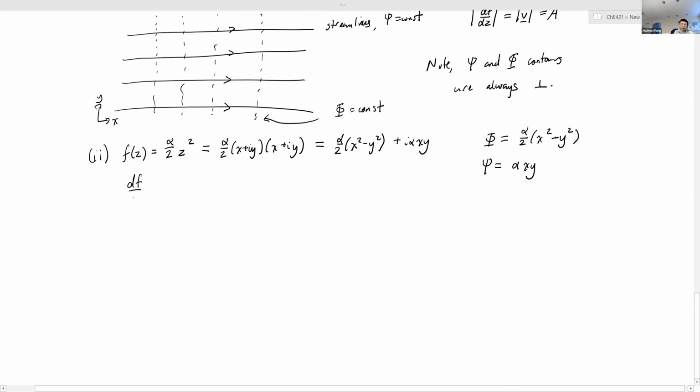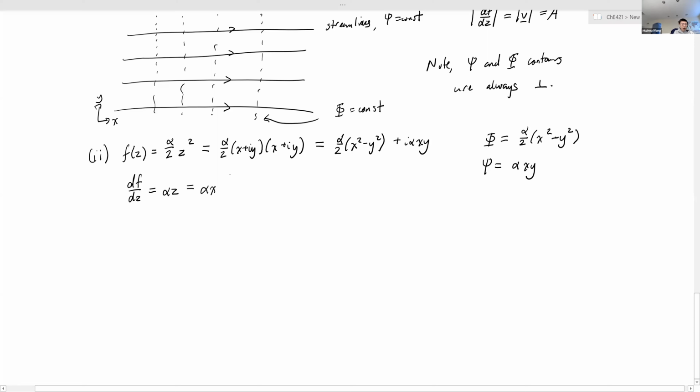To do that, you take a derivative of the function. You don't have to do that. Once you're given the potential and the stream function, you can also just apply those definitions from earlier above, right? But I don't necessarily need to do that here. I can just use this. Okay, it's just one step, maybe easier. The derivative of f with respect to z is alpha times z.